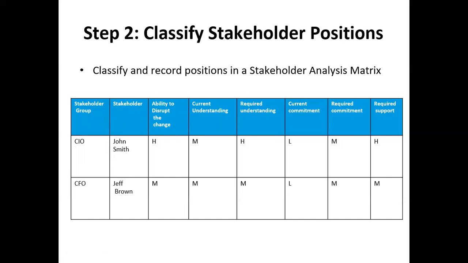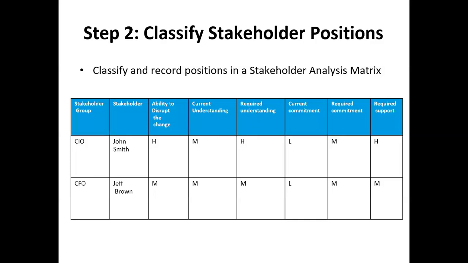John Smith's ability to disrupt the change is very, very high for the project, so keep that in mind. Next, current understanding is only medium; he doesn't have in-depth understanding. Required understanding is high.